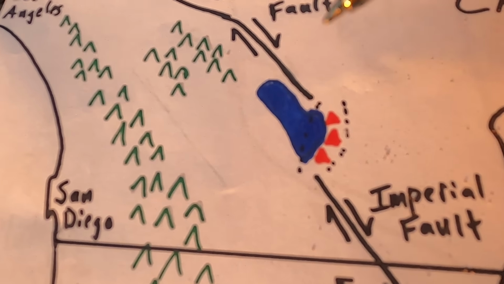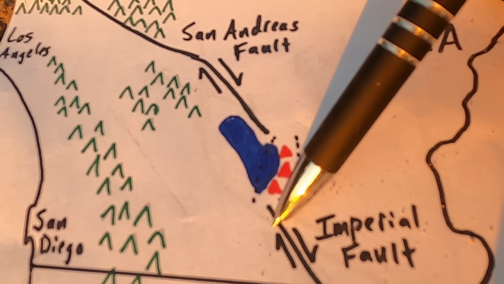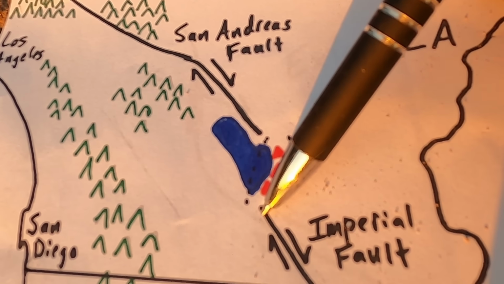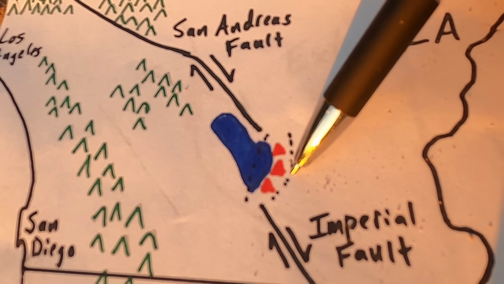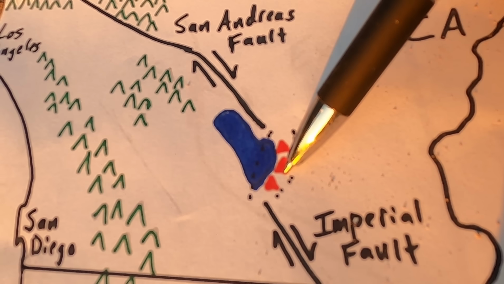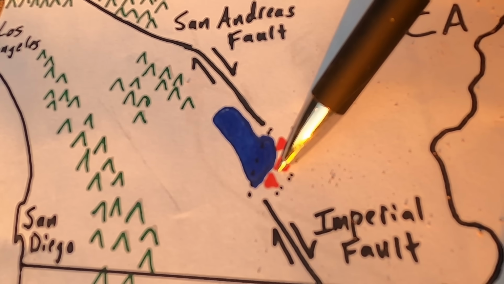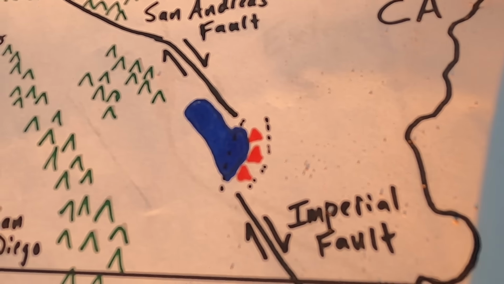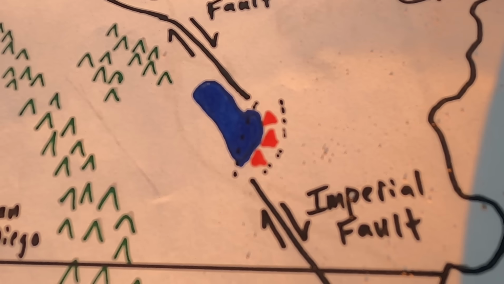And we have a similar situation here with the Imperial Fault terminating here, the San Andreas Fault here, and then the Salton Buttes forming right here. So it's really a divergent plate boundary. The Salton Buttes is sitting over a developing divergent plate boundary.